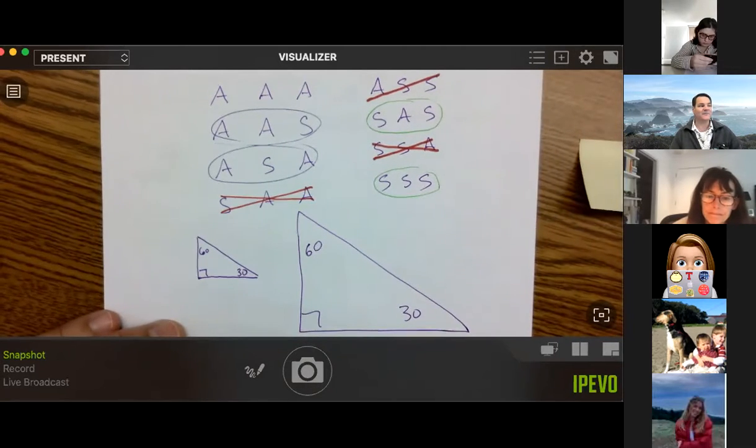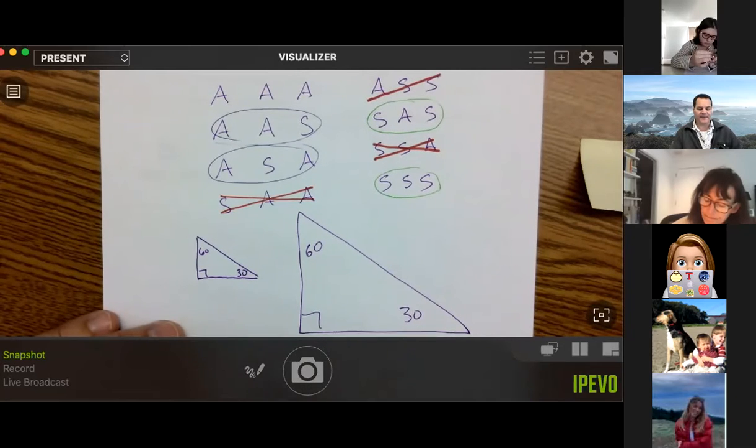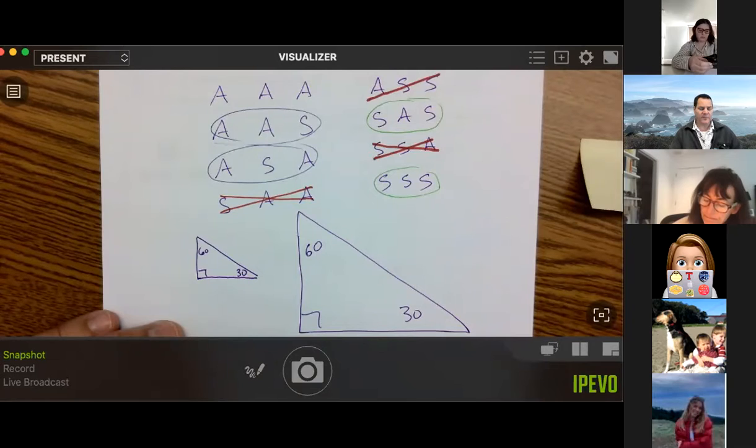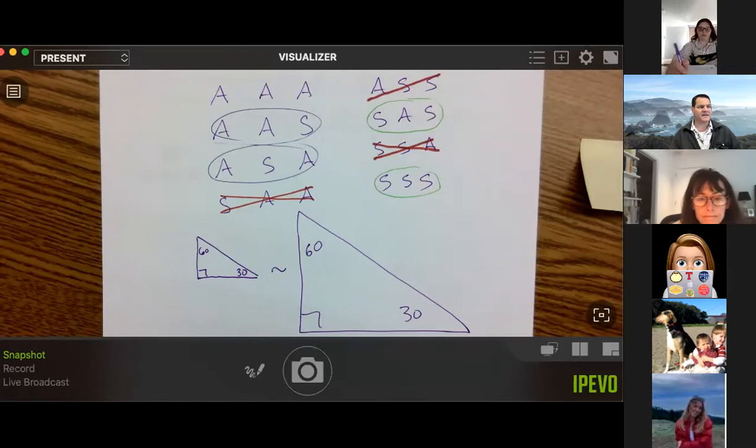The angles are the same, but it's a much bigger version. And that meant that we couldn't prove the triangles were congruent, but it will allow us to prove the triangles are similar, because if you expand the triangle, keeping the angles the same, even if the sides get stretched out in the same way, like a dilation, the triangles will stay the same shape. They're just different sized versions.